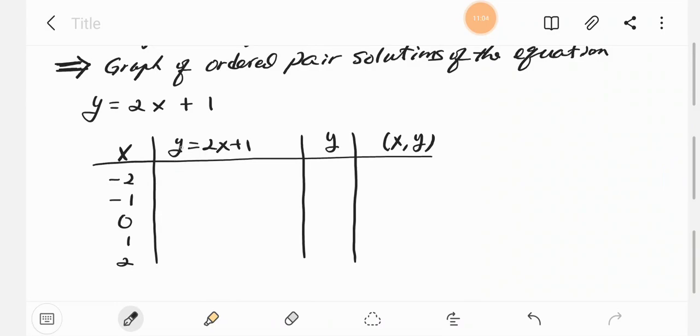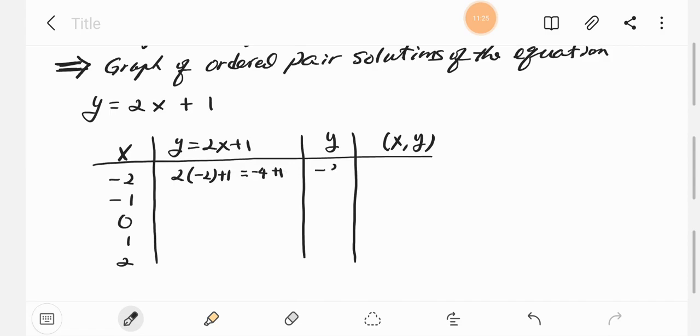So the y value is 2x plus 1, right? Replace x with -2. Then this is equal to -4 plus 1, so that is -3.